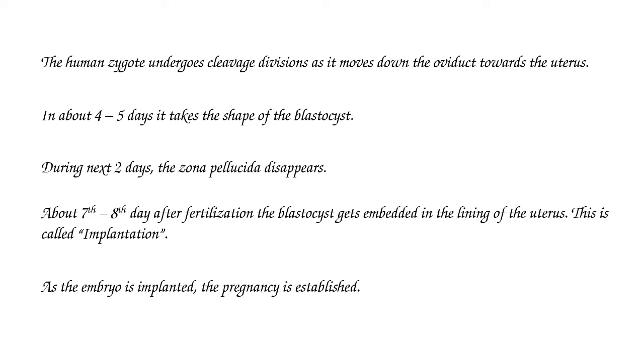The zygote undergoes first cleavage to form the two cell stage, the second cleavage to form the four cell stage, and the third cleavage division gives the 8 cell stage, and it continues one after another, and finally it becomes the morula, a mass of cells surrounded by the zona pellucida.